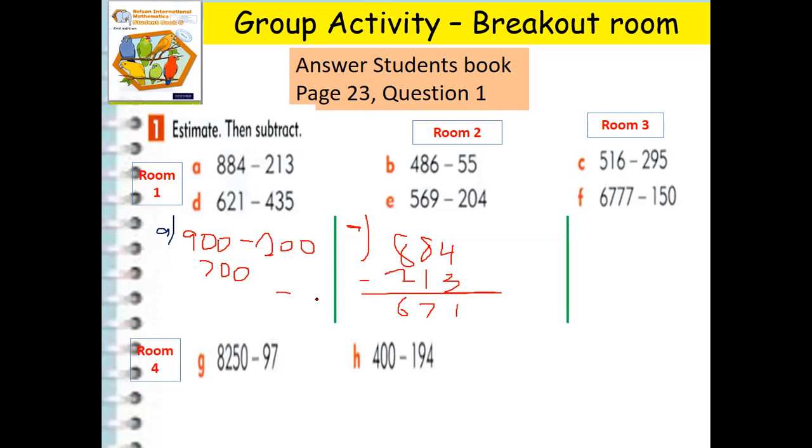So if you could see now, our estimated difference is 700 and our actual answer is 671. Then if we are going to round to the nearest 100, it will give us 700. Therefore, it is very close. All right, so you can answer the rest of the questions and then you can see the PowerPoint. The answers are there. I hope you have understood this lesson.